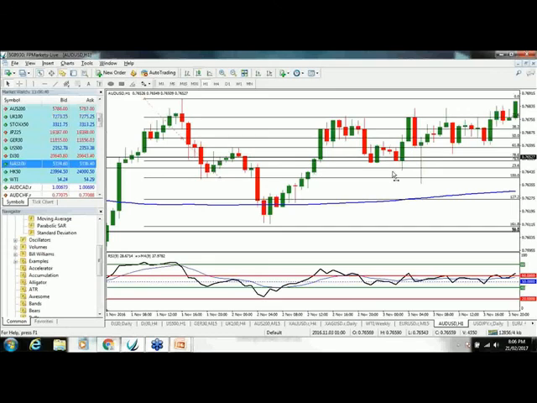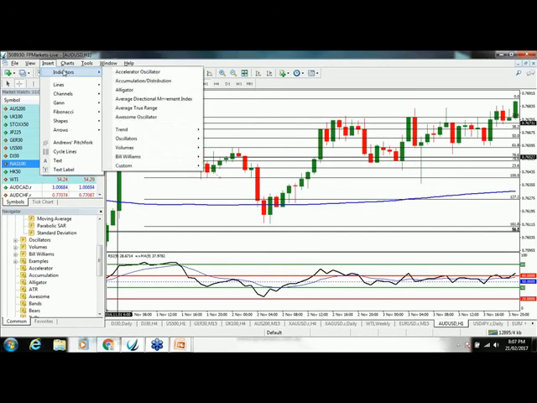If I use that same example here, so you've got this candle here, the low, and you're looking at the 2 lows on either side. So you've got a low here, and you've got a lower low, and then you've got a higher low here. That's a pivot candle. Now, if you're new to pivots and stuff like that, there's actually an inbuilt indicator on MT4 that shows you that.